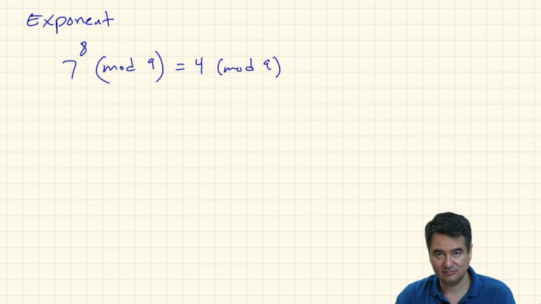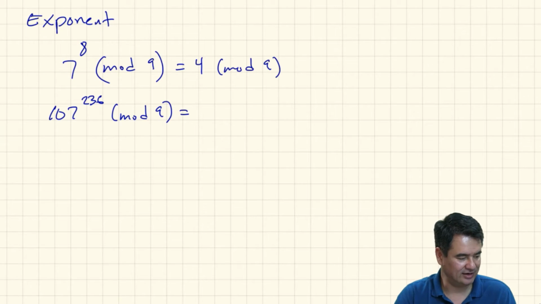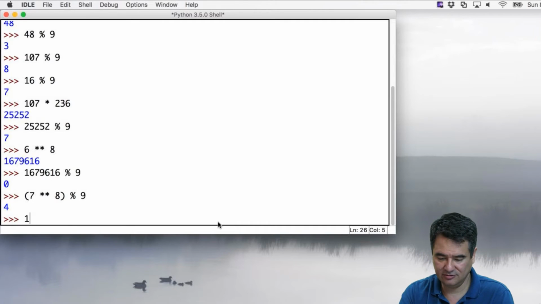But what if we have larger numbers? What if we did, well, let's do 107 to the 236th mod 9. Okay, so what is that? Let's find out. 107 to the 236th power.